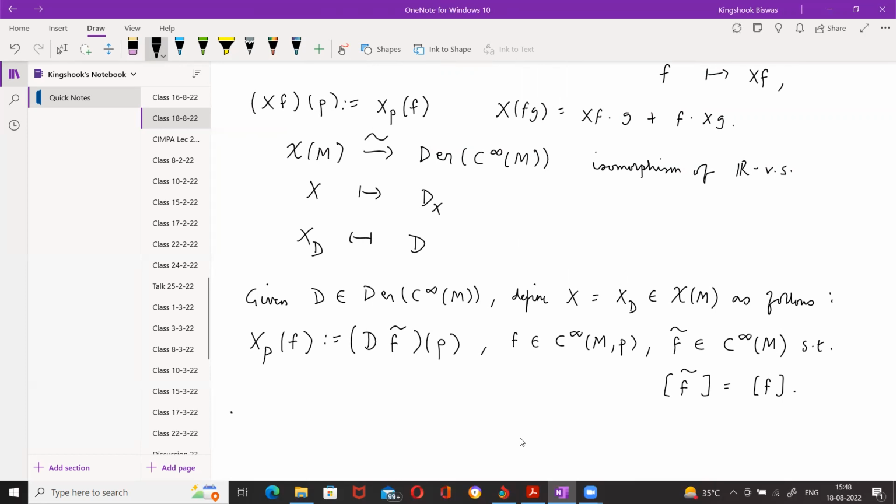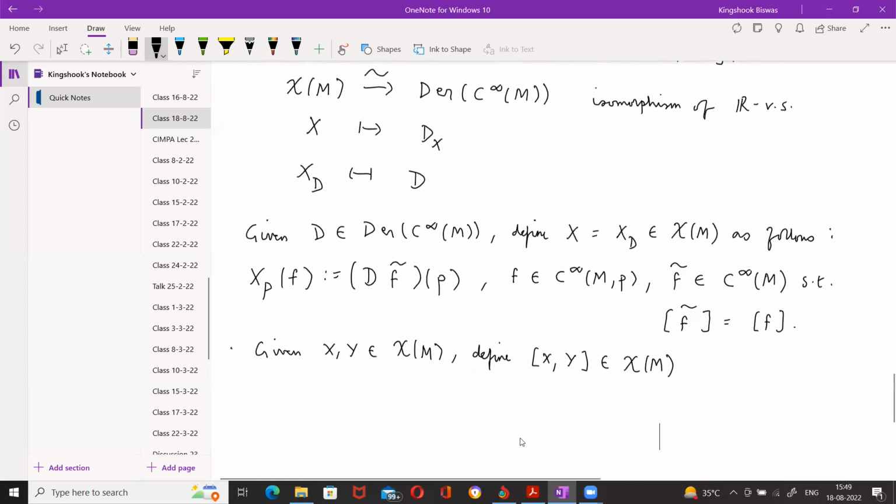So given X, Y in chi M, you define the bracket [X,Y] in chi M. To define this vector field, it's enough to say what its action on smooth functions is.